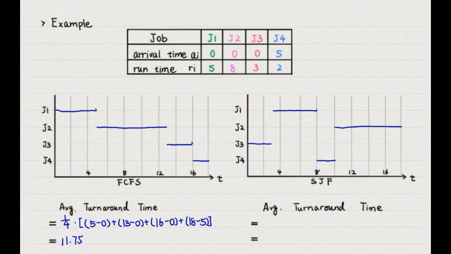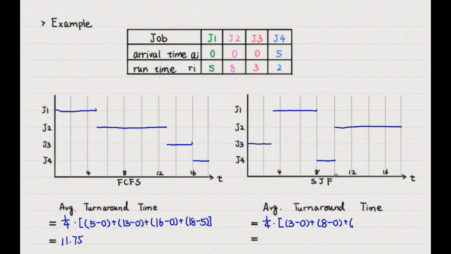The average turnaround time is 1/4 times: J3 completes at t equals 3 and arrives at t equals 0, so 3 minus 0. J1 completes at time 8 and arrives at time 0, so 8 minus 0.